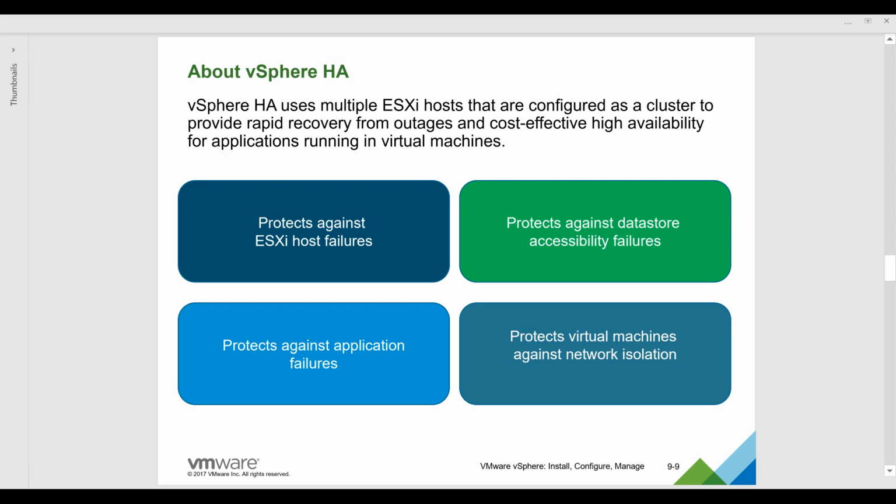If that host died, then the machines on there will reboot on another host. So there is that downtime, but you have a minimal downtime of just a reboot. So what HA does is it protects against ESXi host failures, datastore accessibility failures, it protects against application failures, and protects virtual machines against network isolation.